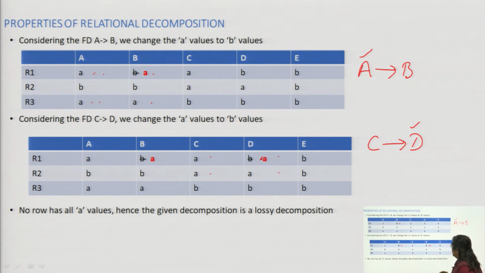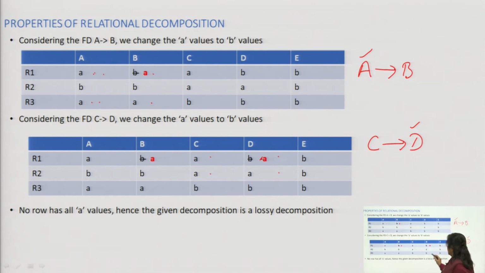Now, these were the only two functional dependencies we had, and we have made the changes in the matrix according to these two functional dependencies. So, now if any of the rows has all the A values, then we say that it is a lossless decomposition, and if no row has all the A values, we say it is a lossy decomposition.